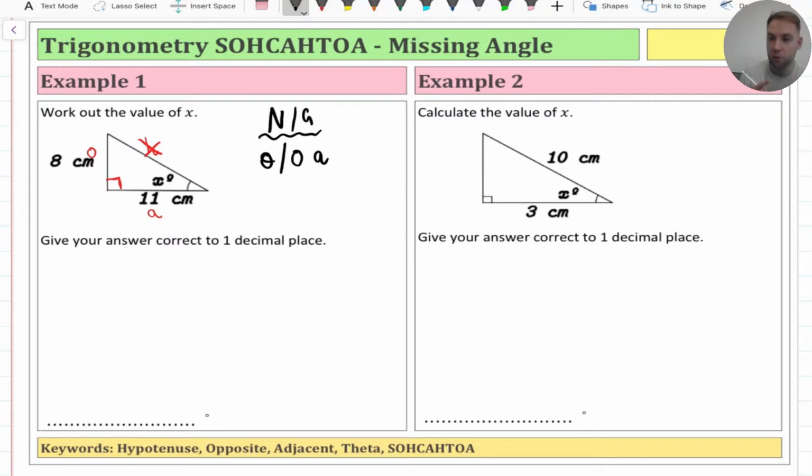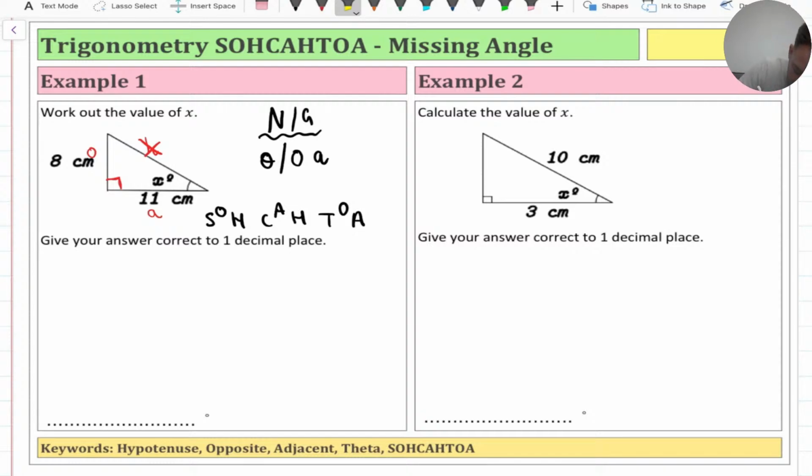So the next thing is we write down SOHCAHTOA, making sure the middle letters are above, and then we highlight what is in our need and got list. So we've got SO, CA, and TOA.